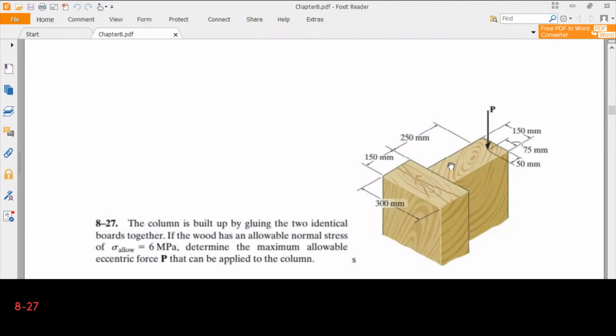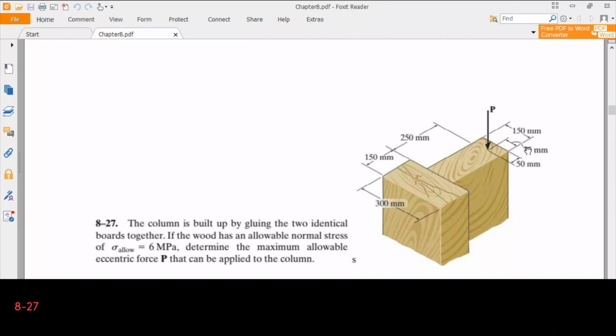Certainly this force will generate a bending moment along with the axial force on this cross section. So what we need to do is to transfer this force to the neutral axis. And in order to do that, we need to determine the location of the neutral axis first.